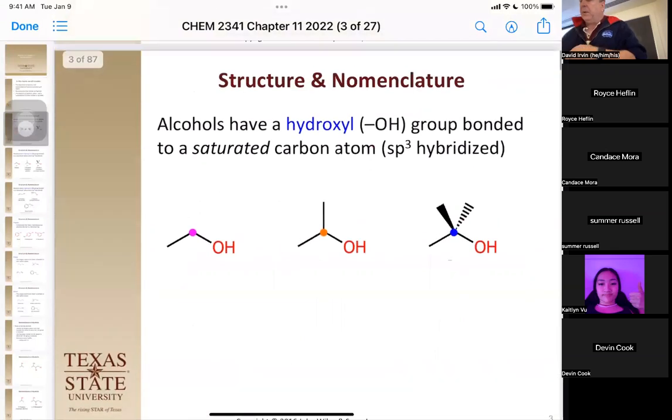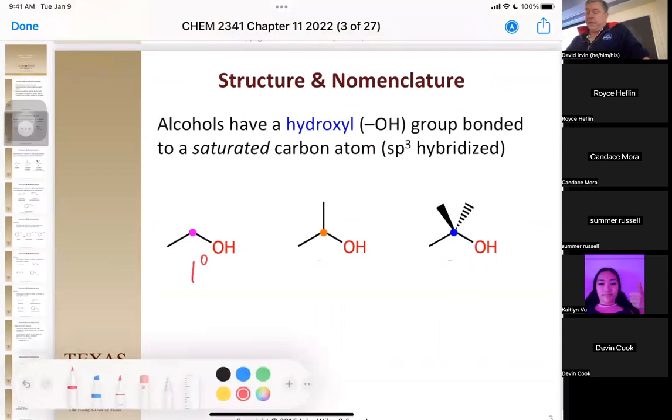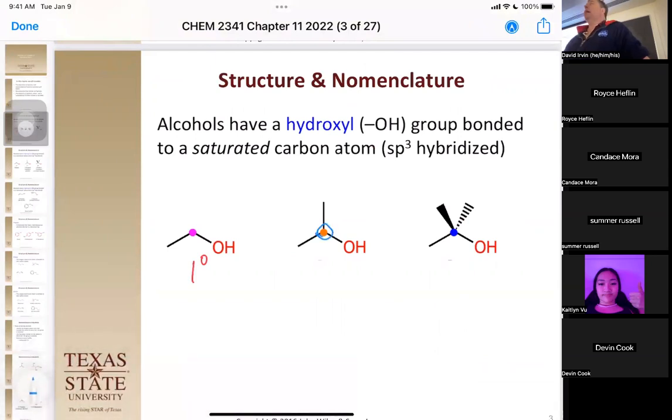Okay, so when we're talking about our nomenclature, our alcohol is primary, secondary, or tertiary based on the carbon it's attached to. So if we had this right here, this is going to be a primary carbon, therefore it's a primary alcohol. Now we need to know this because they react differently, so we have to pay attention to that. Here, this is a secondary carbon.